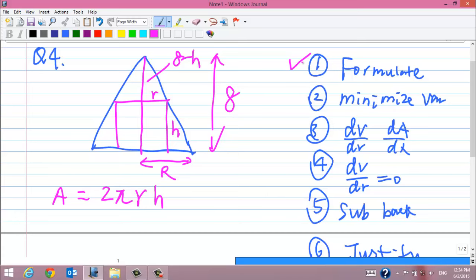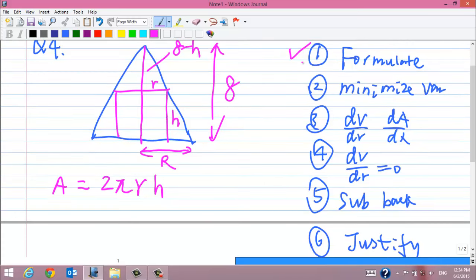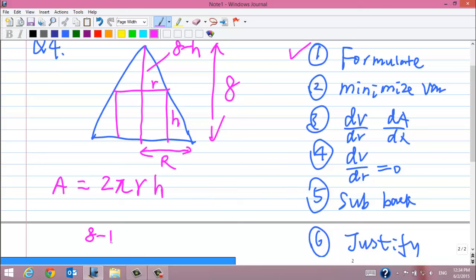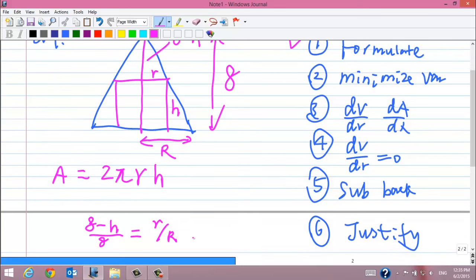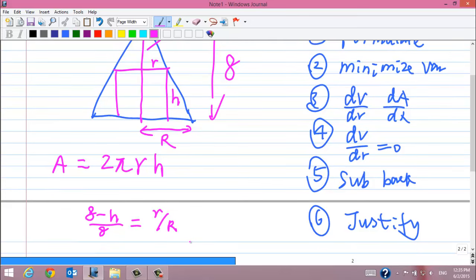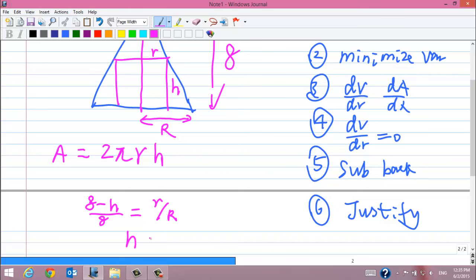Now we got a problem because we have r and h. We need to minimize the variables, so we need to take advantage of some geometry, the similar triangle. Based on the triangle, 8 minus h over 8 equal to r over R. Because this question wants us to prove in terms of small r, it's good we find h in terms of r.